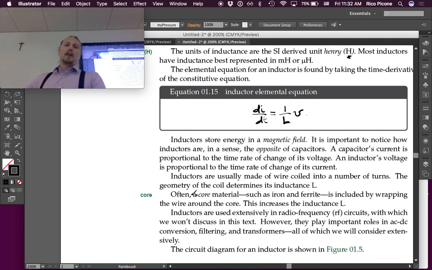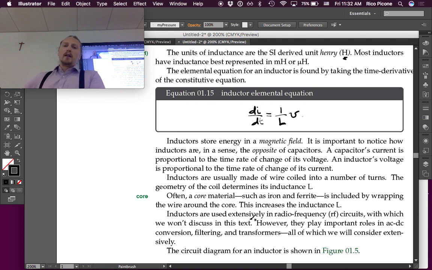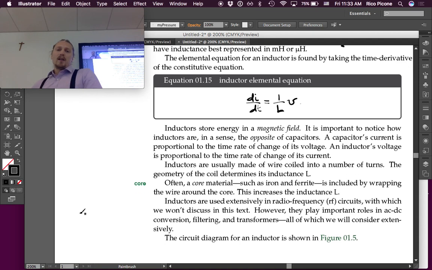Often a core material, such as iron and ferrite, is included by wrapping the wire around the core. This increases the inductance, which is why we do it. You will see just air core inductors, though. If you're in the lab, there are some, and it's really easy to spot them because they just look like a little coil. And you can even see it. A lot of them are encased in some plastic.